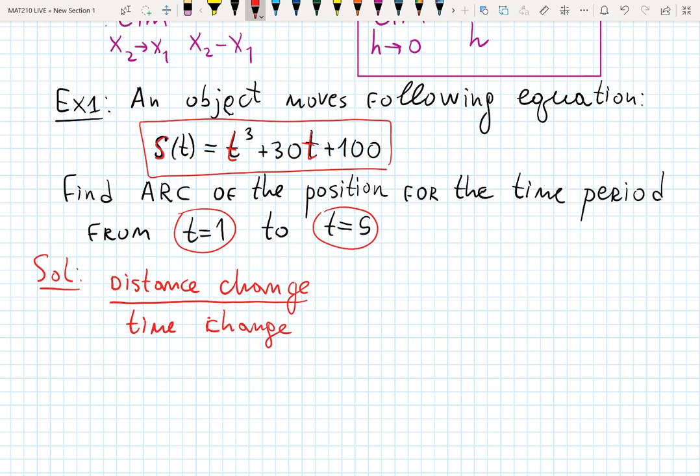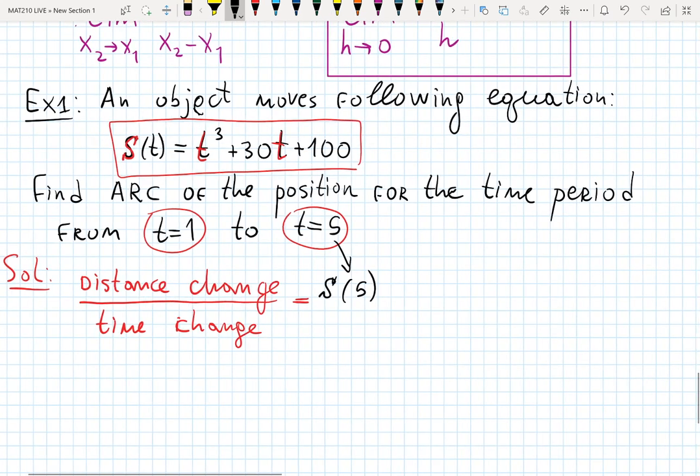It's change in f over change in x. In this case, not f, it's called s, doesn't matter. So we're going to have s of 5, always do the second one first. We always find like how far did I walk from home to Walmart. I always do distance from Walmart minus distance of home, right? This kind of makes sense.